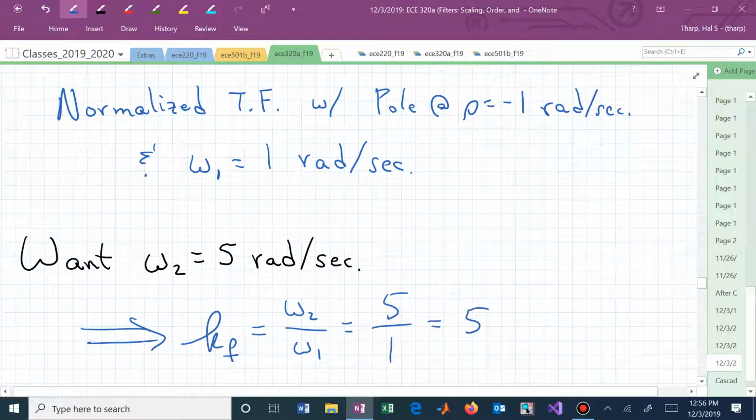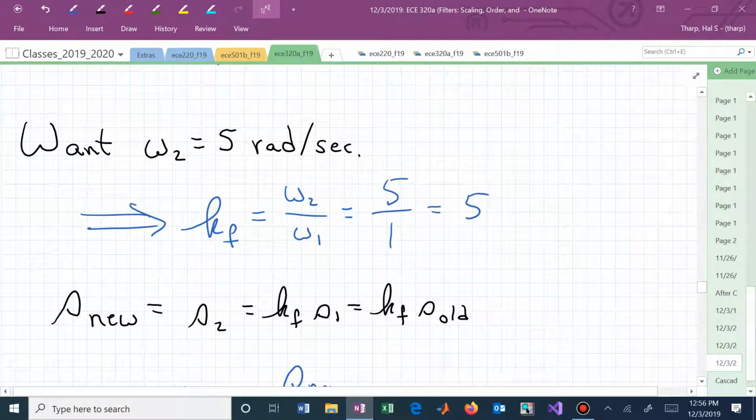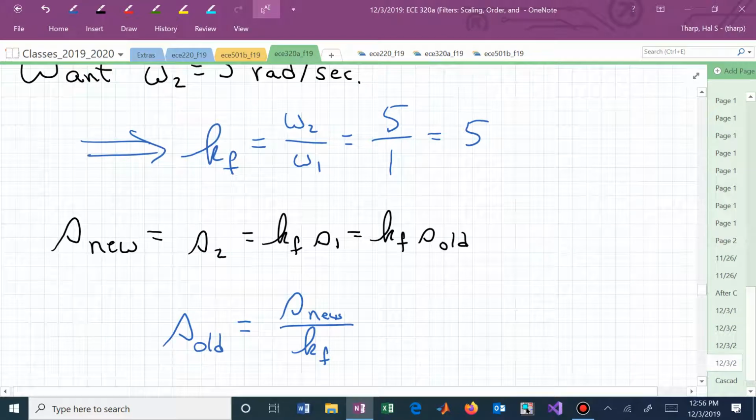We now want K sub f to be 5. That's our frequency scaling value. S new, which is S sub 2, is a scaled version of S old, or K sub f S1, and that means then that the old frequency in our normalized transfer function, S old, needs to be S new over K sub f.